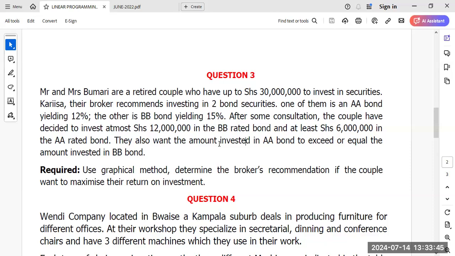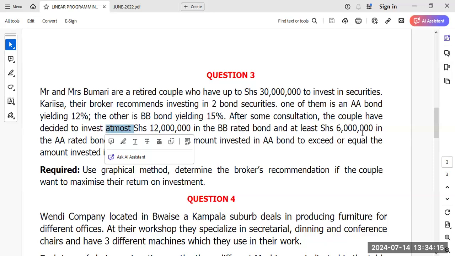What you have is the limitation: this couple decided to invest at most. This is not the exact amount of money. At most means you can invest that money or below. That is not the exact amount of money invested.